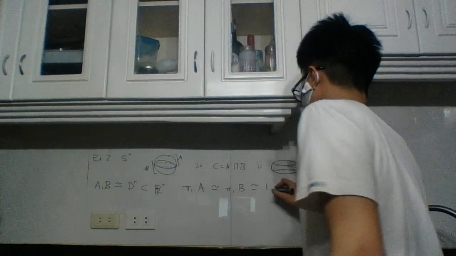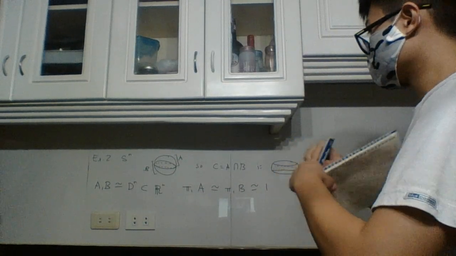So pi 1 of A is isomorphic to pi 1 of B, which is isomorphic to 1. And I need to note that for n not equal to 2, this case fails.